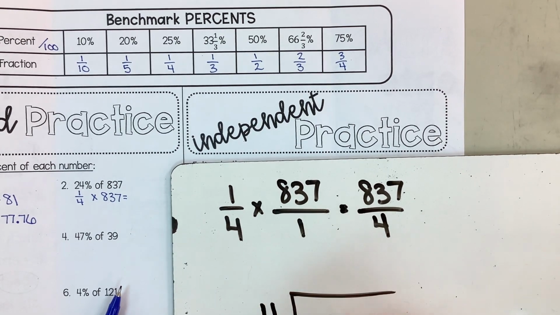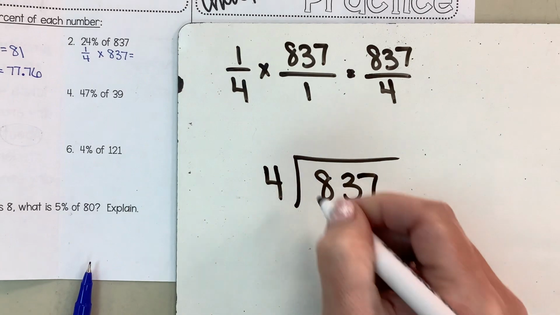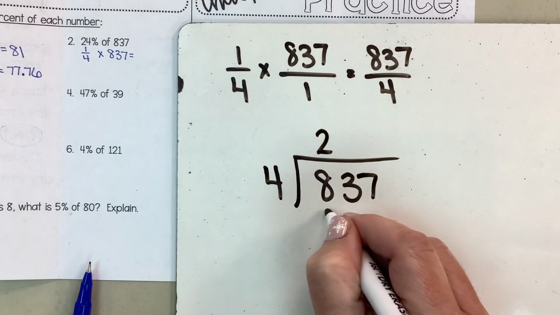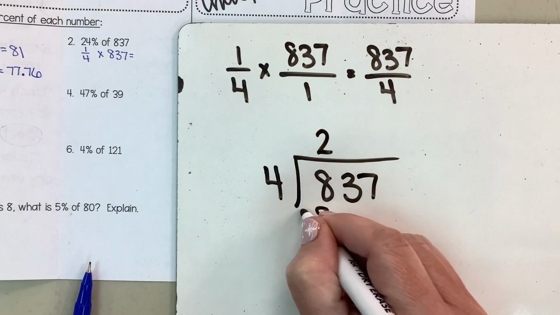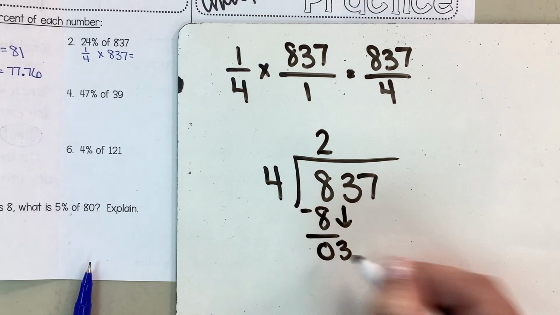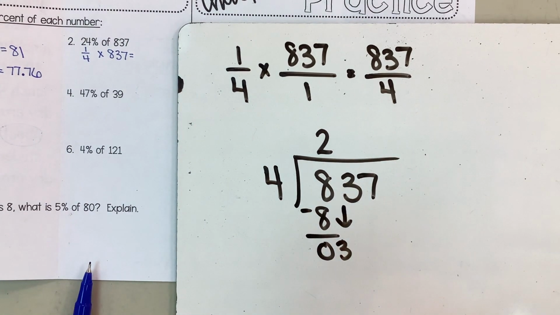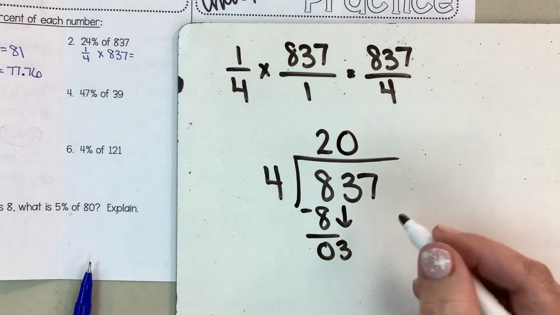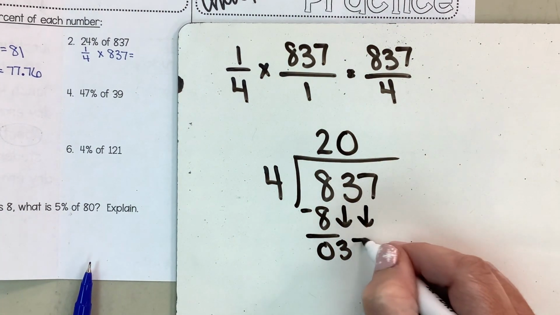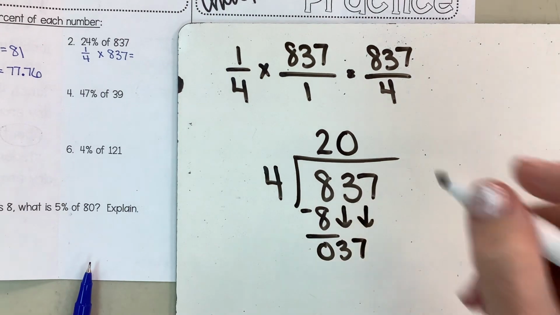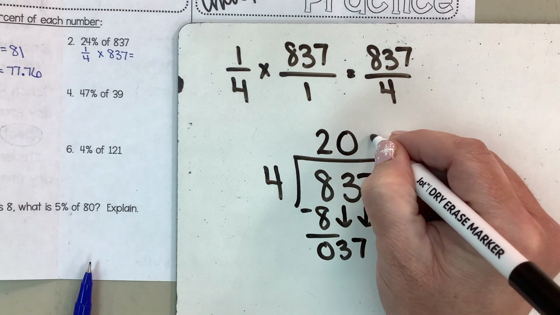So 4 goes into 837 how many times? 4 goes into 8 2 times, and that's 0. And we're going to bring down the 3. Does 4 go into 3? No, so as soon as you say no, put the 0 up there. And now bring down the 7. 4 goes into 37 how many times?